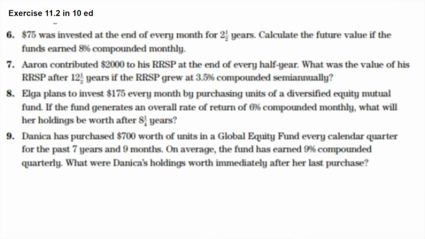So you have to ask yourself a couple things here. We got to do some initial calculations. Seeing that 6% is compounded monthly, we got to take 6% and divide it by 12, and that'll come out to 0.5% per month, which is 0.005.